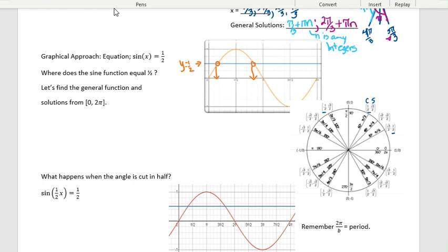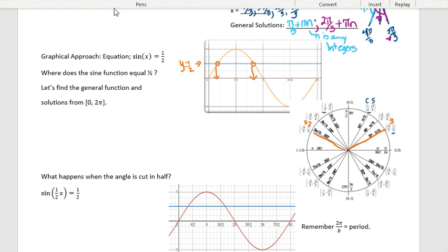So where is sine 1/2? Well, we already talked about where cosine is 1/2. Well, sine's 1/2 right here. So that's right here. And it also has a positive side over here as well, because sine is 1/2 right there. And I am looking at this side, not the other side.